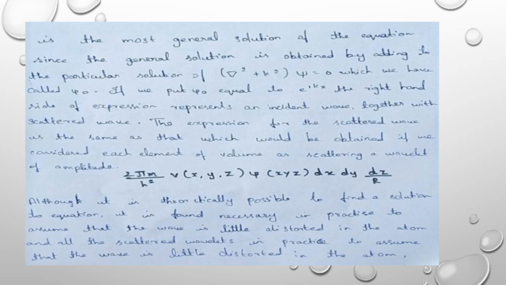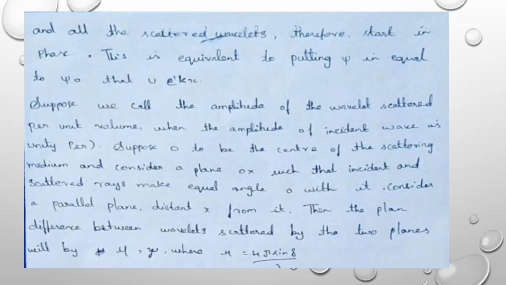Although it is theoretically possible to find a solution to the equation, it is found necessary in practice to assume that the wave is little disturbed in the atom and all the scattered wavelets therefore start in phase.